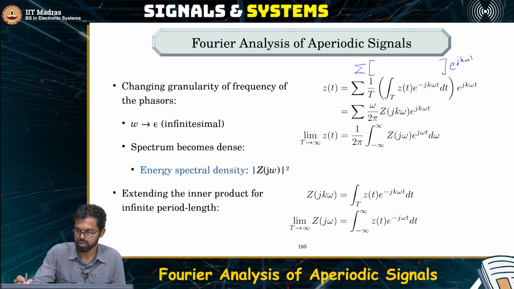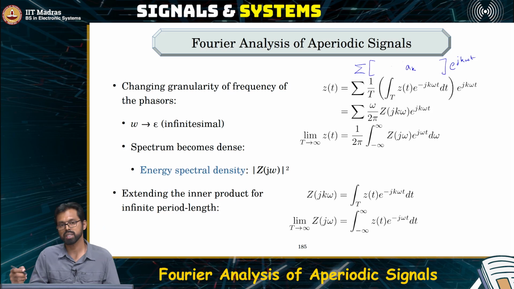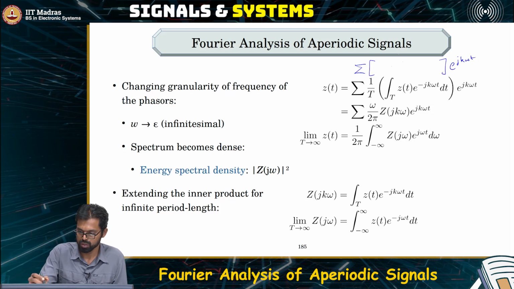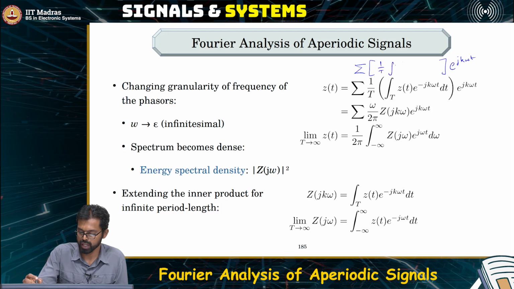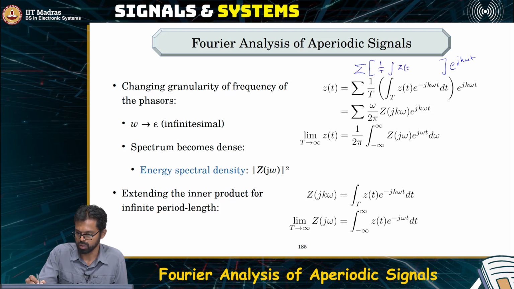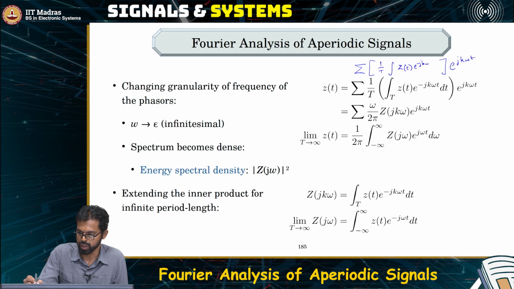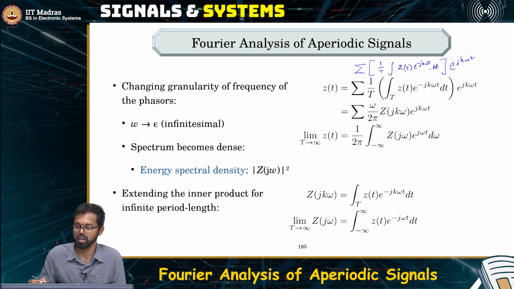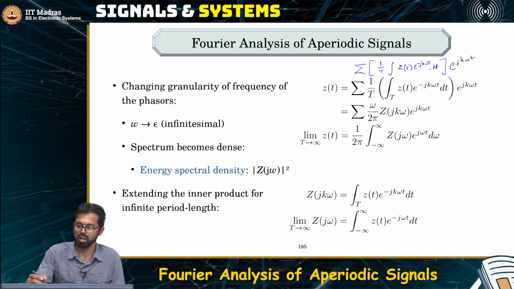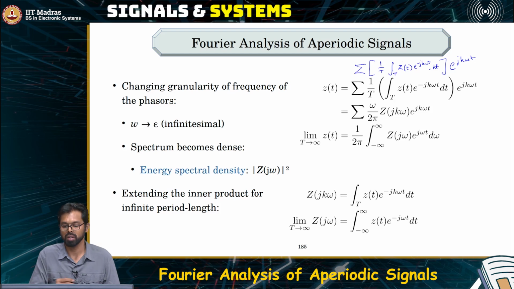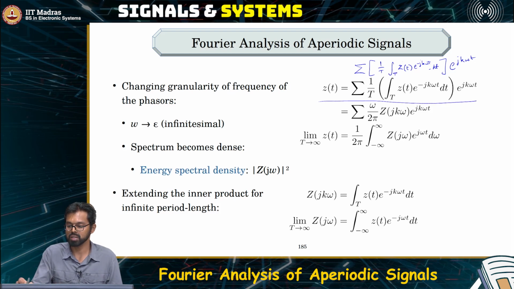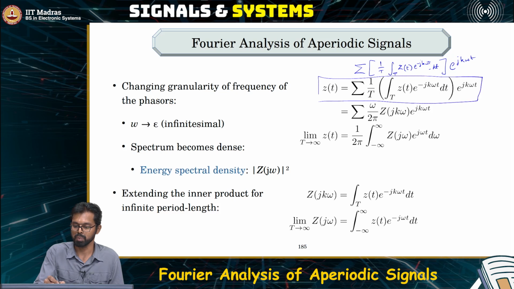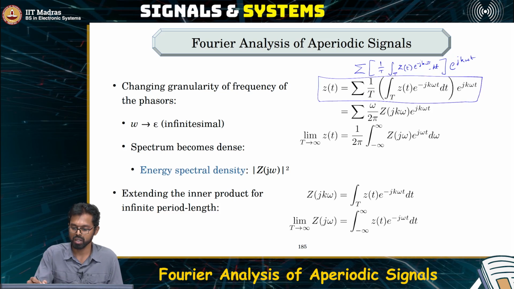You compute this a_k by projecting onto the original signal. So that projection we get is z of t e to the power minus j k omega t dt, right? So that is what we have here, and this is an integral over one period. So this is the Fourier series representation of a periodic signal with period capital T.